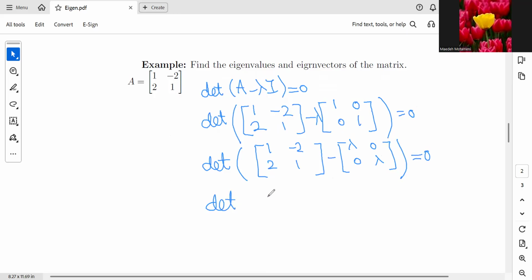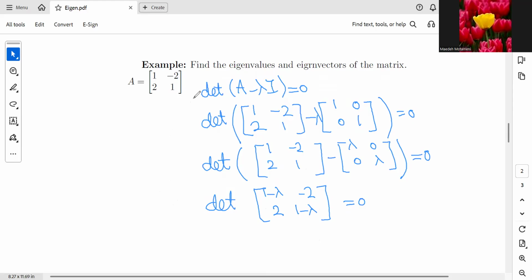So inside the parentheses says that we're going to have a matrix with 1 minus lambda here, negative 2 minus 0 here, 2 minus 0 here, and 1 minus lambda here. And we're going to set that equal to 0.